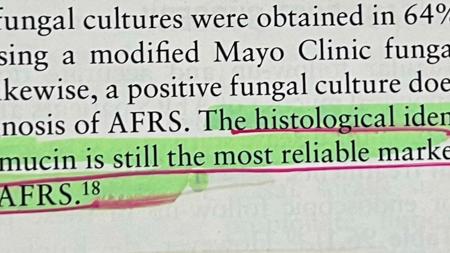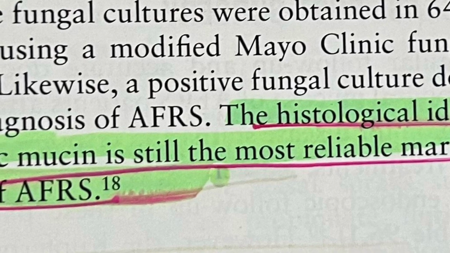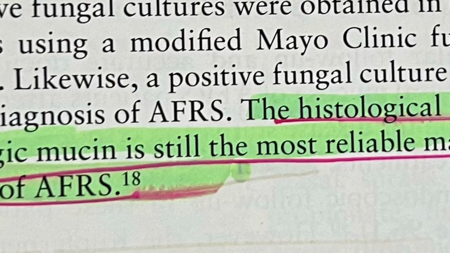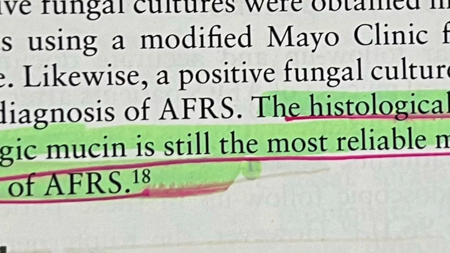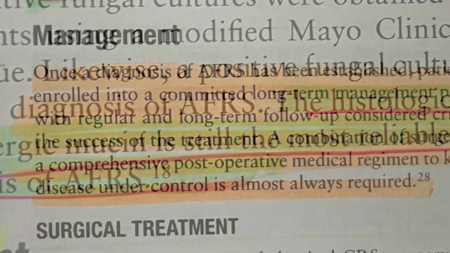A positive fungal culture does not confirm the diagnosis of AFRS either. The histological identification of allergic mucin is the most reliable marker for the diagnosis of AFRS. So culture is not important. What is important is the histological identification of allergic mucin, the most reliable marker for the diagnosis of AFRS.